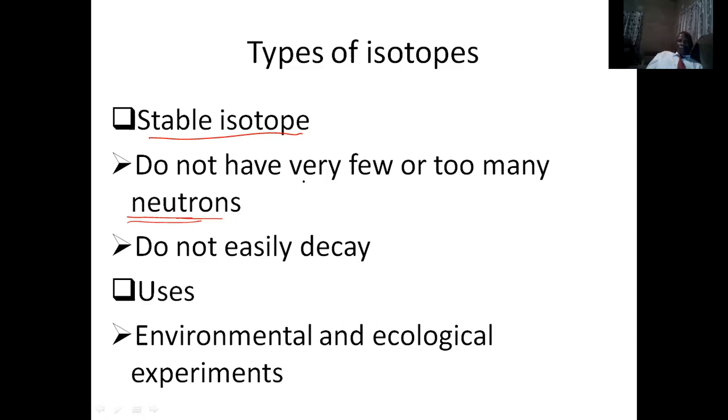So if the neutrons are very few or too many, it means that an isotope will easily decay or disintegrate. However, when an isotope has a moderate number of neutrons, it is stable, and therefore it cannot easily decay. And these stable isotopes can be used in environmental and ecological experiments. So when you do experiments, you can use them.